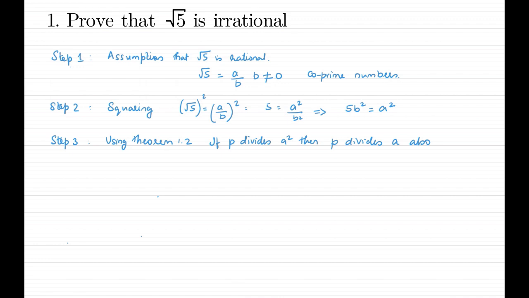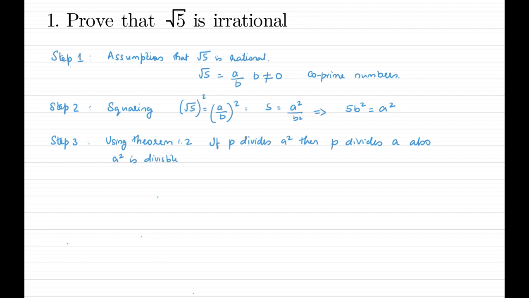Therefore, a square is divisible by 5 and a is also divisible by 5. Then we can write a is equal to 5 times c, where c is some integer.